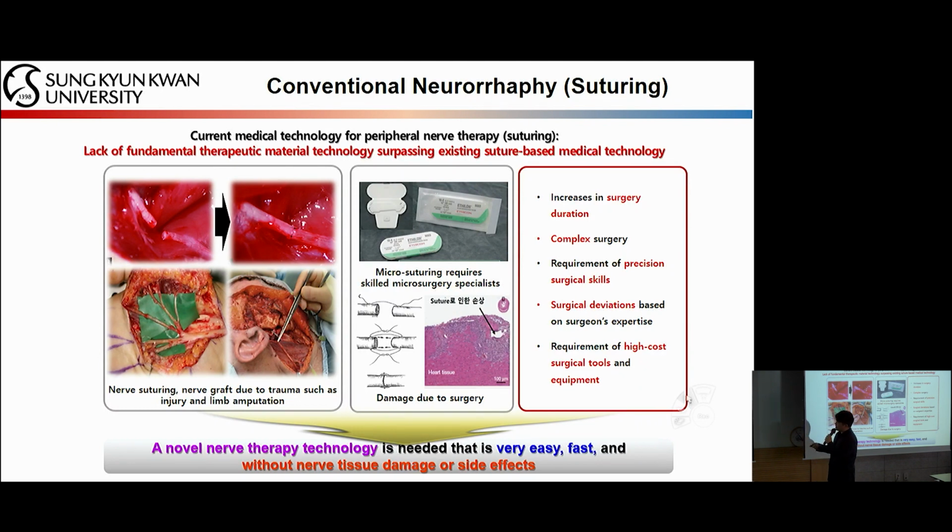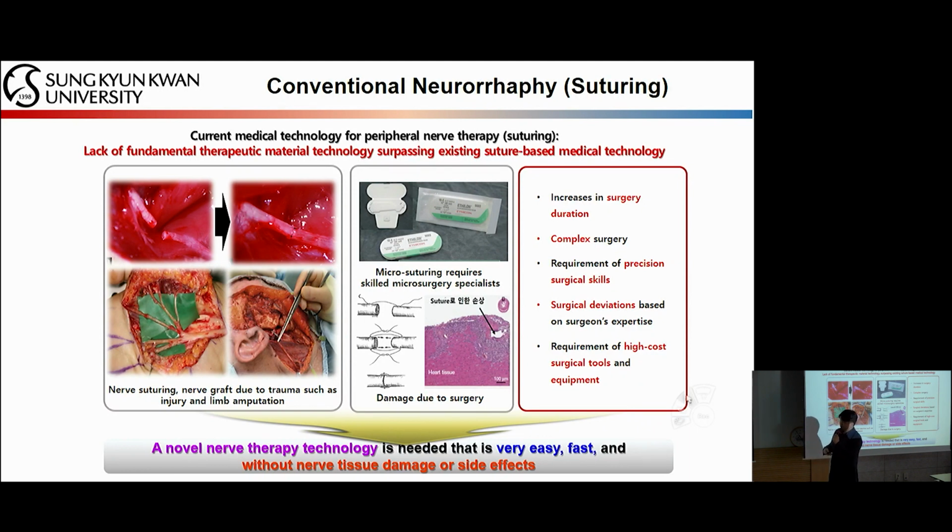However, it has substantial disadvantages, from increased surgery time, complex surgery and time-consuming tasks, to the requirement of precision surgical skills, high-cost surgical tools and equipment, and even surgical deviations based on the surgeon's expertise.